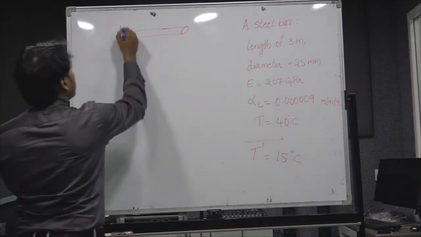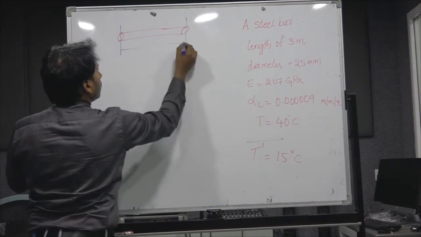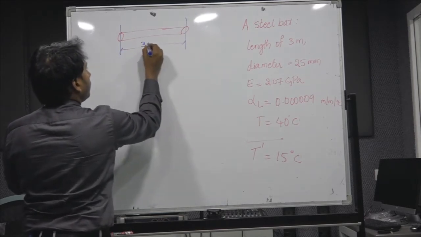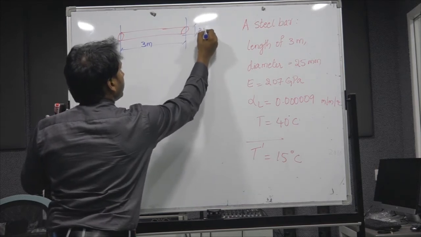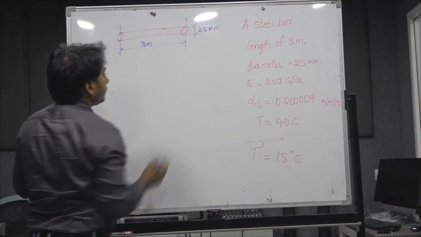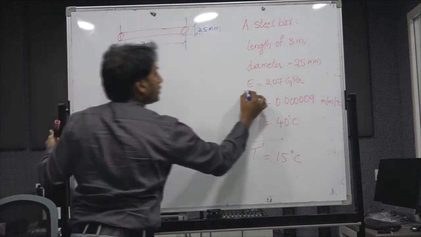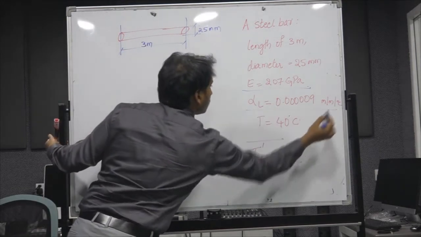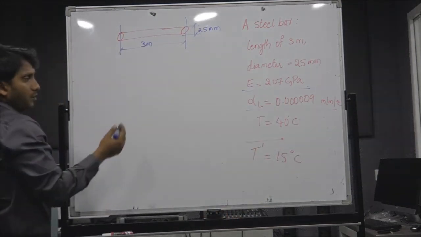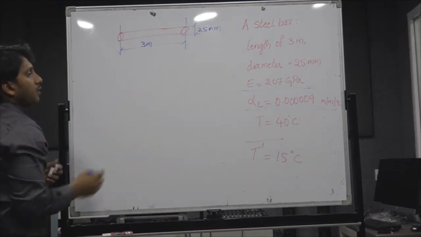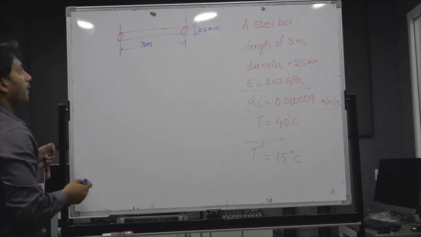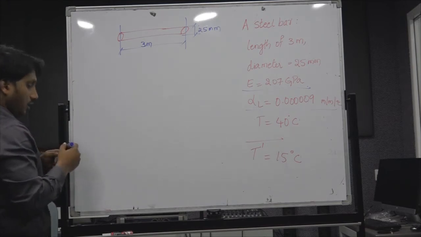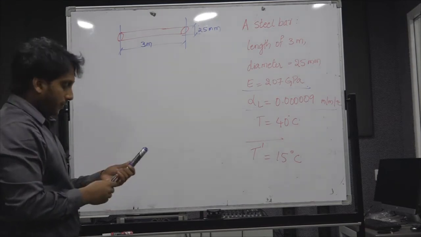The dimensions of the steel rod are 3 meters and 25 mm. The Young's modulus is 207 GPa, and the linear coefficient of thermal expansion is 0.000009. Now let me explain this concept.